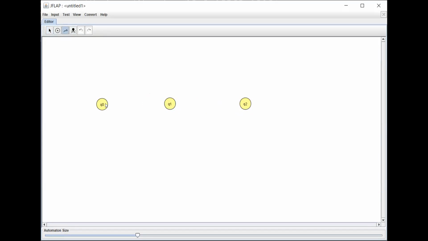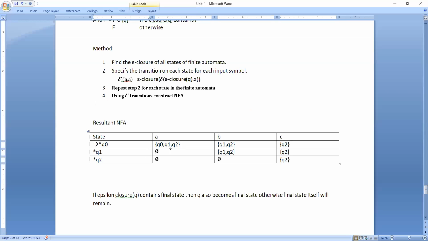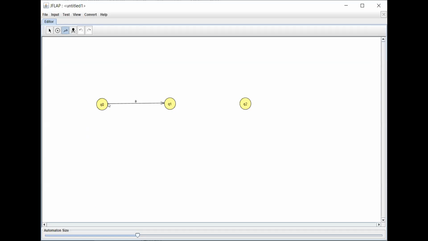So Q naught on A. What is the answer for that? Let's go back to our table. Q naught on A will be Q naught, Q1 and Q2. So three states, it has transitions to. Let me drag over here so that it becomes very clear.